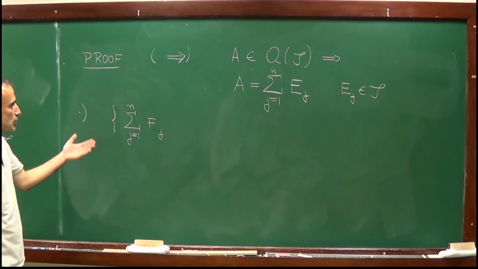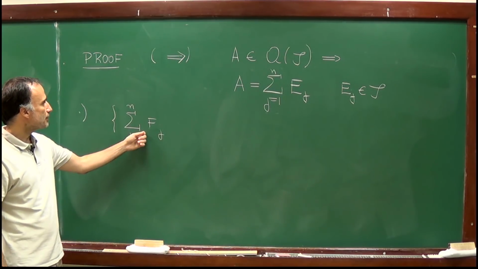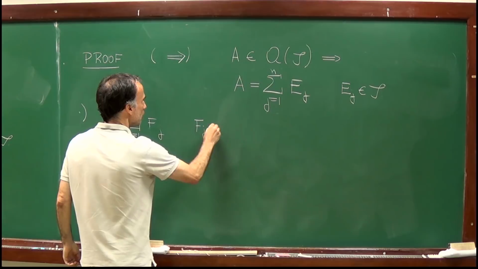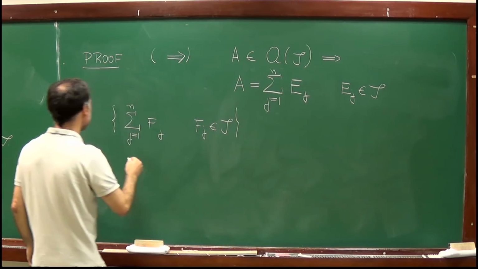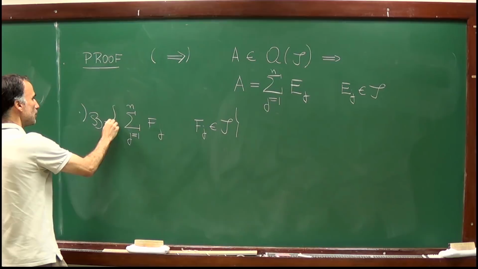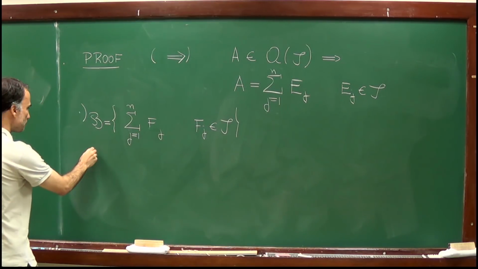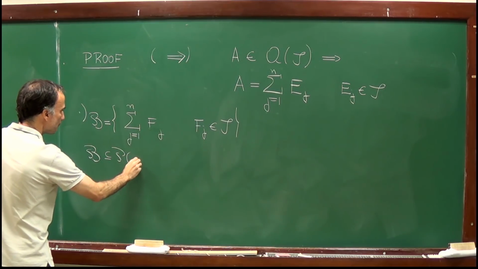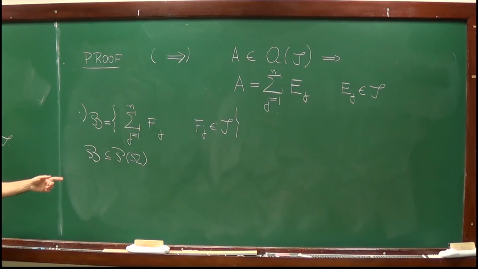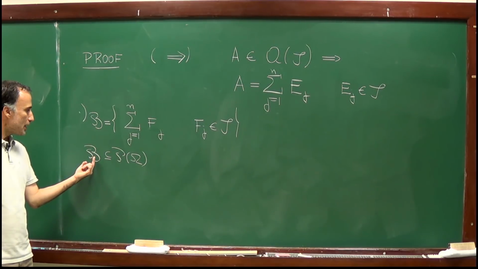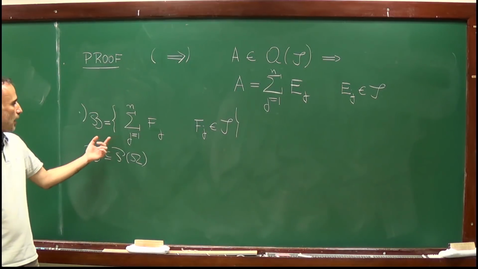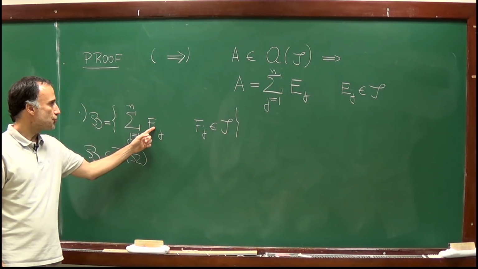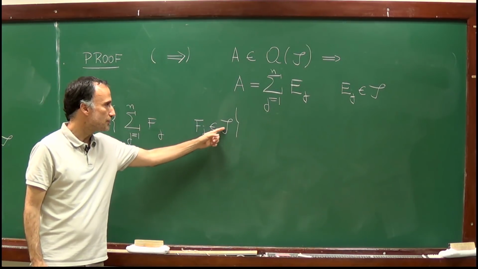Well, the class of all sets which can be written as finite disjoint unions of elements of the semi-algebra S. All the elements of B are the ones which can be obtained as finite disjoint unions of elements of the semi-algebra.